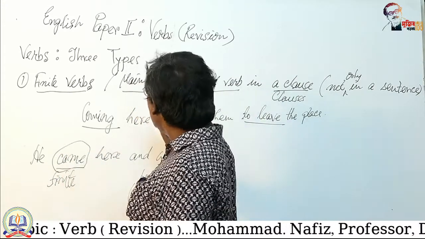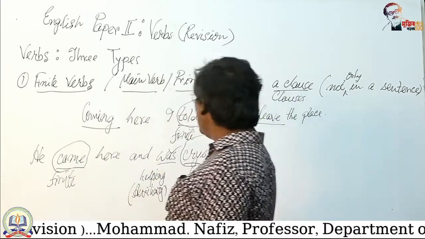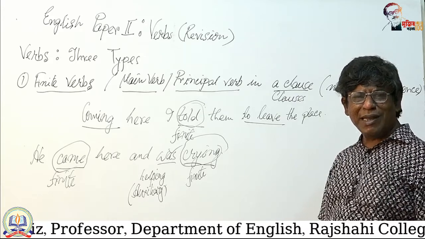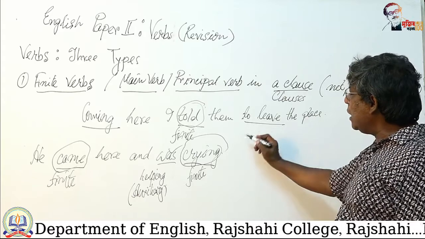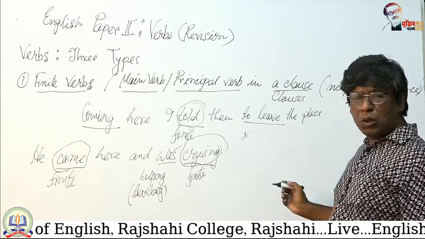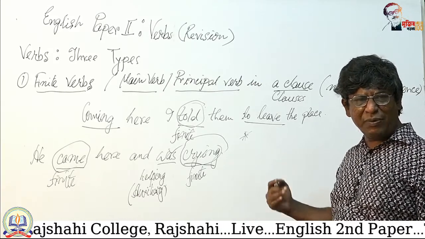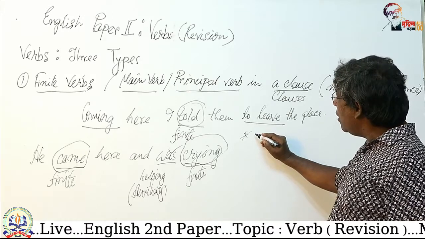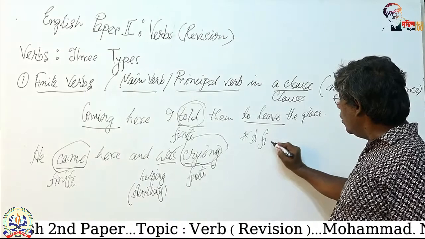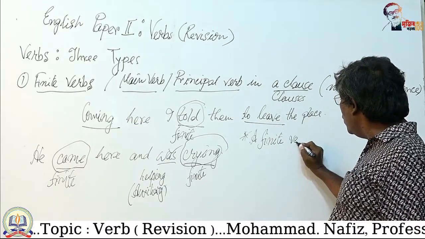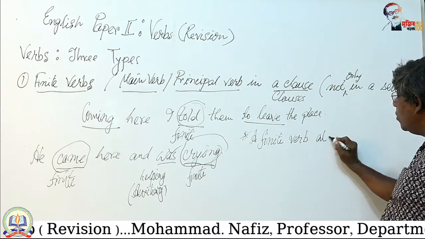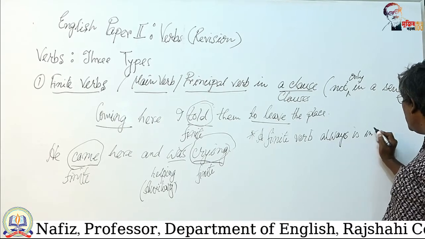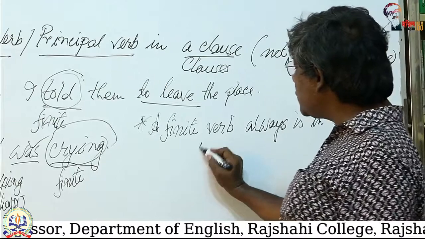Carefully look at the verbs. I have mentioned them as finite because all the verbs are in tense forms and thus they are called finite verbs. To identify the finite verbs in a sentence, you need to know the rule. A finite verb is always in a tense form.